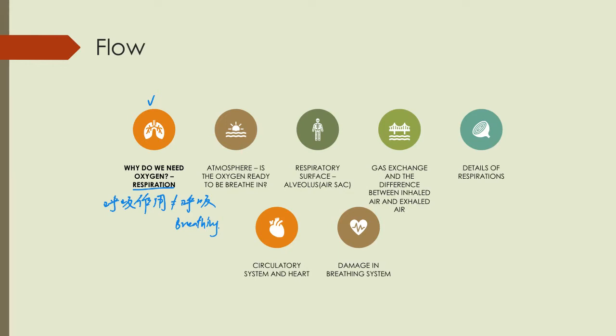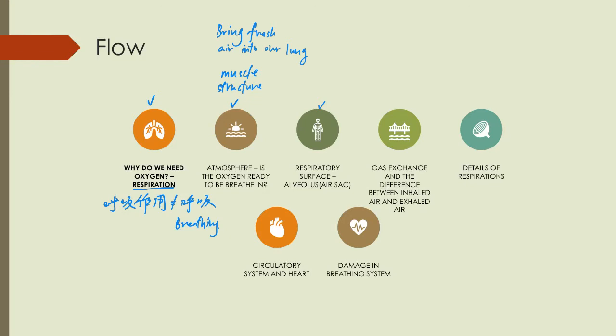The second part, we'll talk about how exactly we breathe the oxygen, or the fresh air, into our lung, which involves quite a lot of different muscles as well as structures that help us complete this process of bringing the fresh air into our lung. After bringing the fresh air into our lung, we have to take the oxygen into our cell.